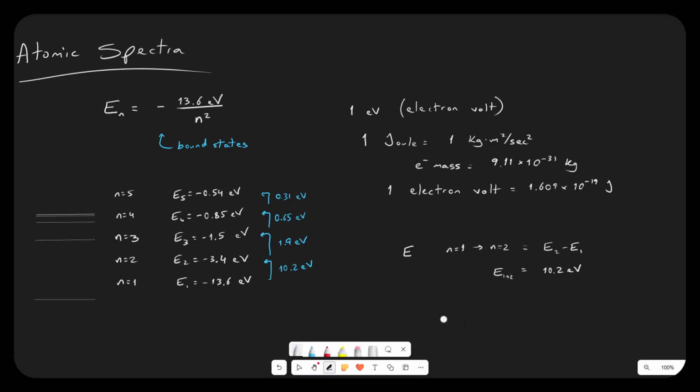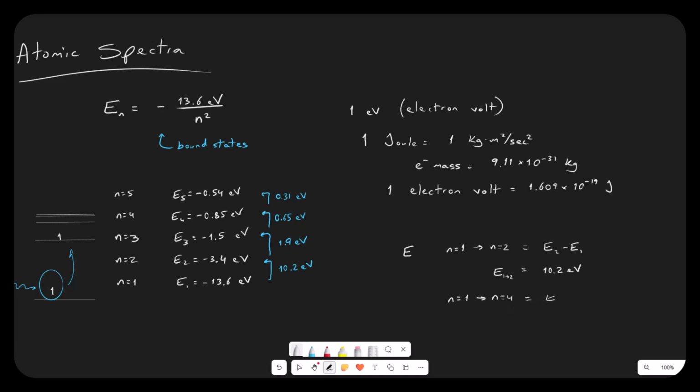What that means, if I've got an electron hanging out here in this location, and it absorbs just the right energy photon, then that energy will boost this electron up into the n equals 2 level. We don't have to go from 1 to 2, 2 to 3, 3 to 4. We could go from n equals 1 to, let's say, n equals 4.